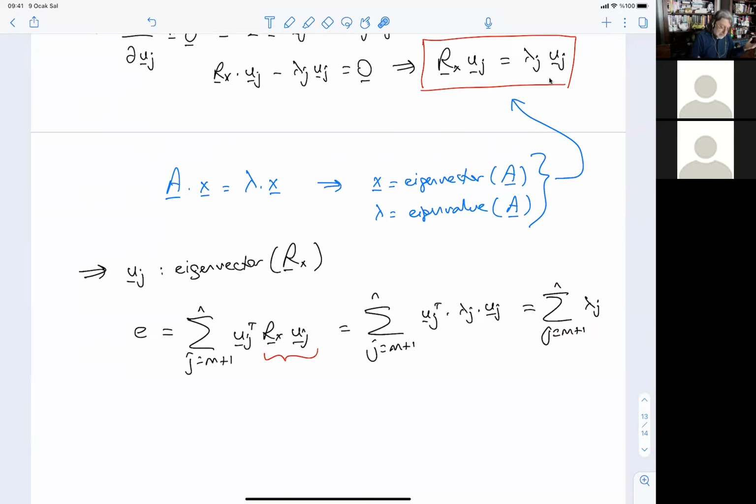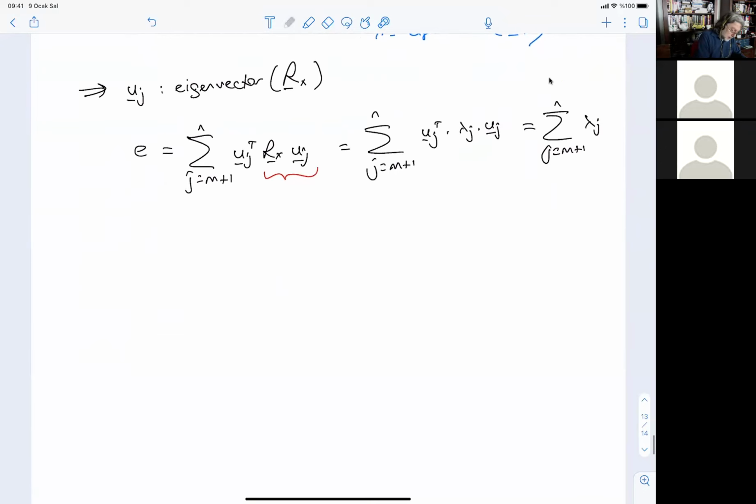So how can I minimize it? This is the thing that we want to minimize. How do we do that? We do it by deliberately selecting the last lambda j's to be small. And by the way, these lambda j's are always positive because of the Toeplitz nature of this autocorrelation matrix, and their eigenvalues are therefore always greater than or equal to 0.